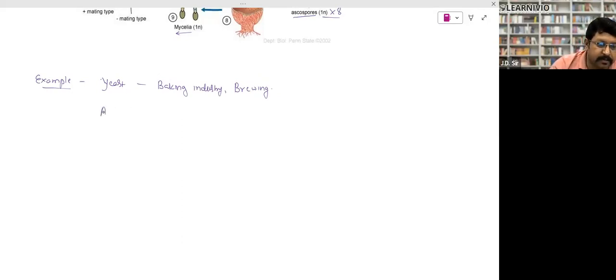And then Aspergillus. Aspergillus is also a fungus from the Ascomycetes. It yields alcohol, so it is used in alcohol production, right?